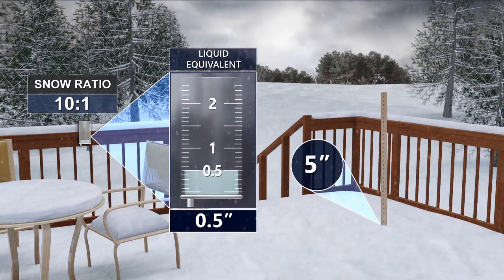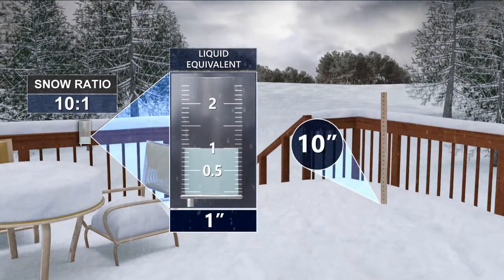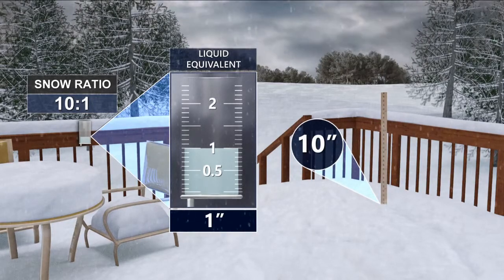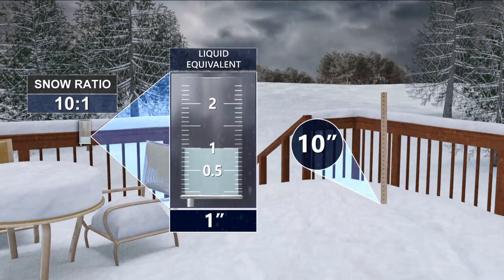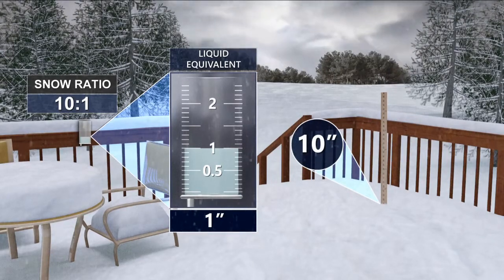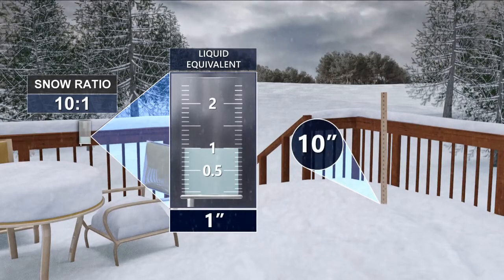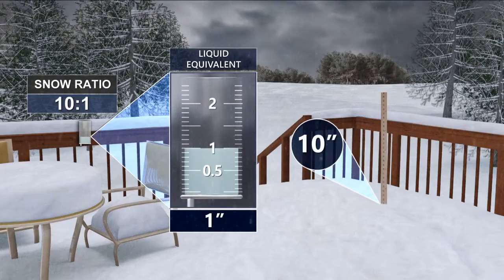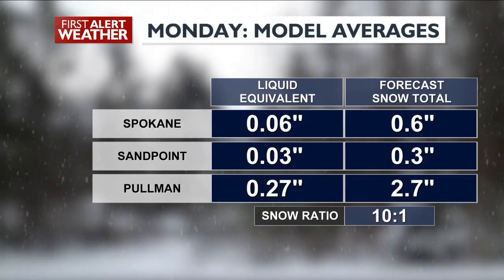And guess what? That's a pretty decent amount of snow to fall in a day as well. And then, of course, an entire inch worth of moisture, well, that would be a full 10 inches of snow. And that would be a bonkers storm for sure, considering our average snowfall in Spokane is in the mid-40s. So, yeah, that would be quite an epic storm.